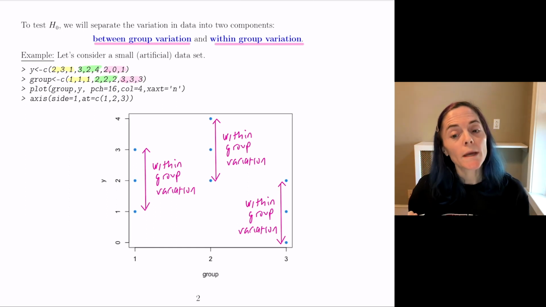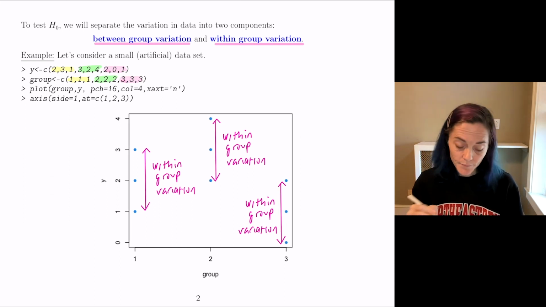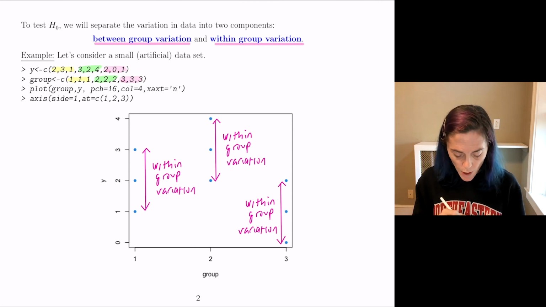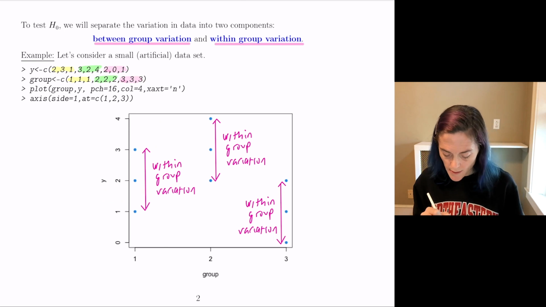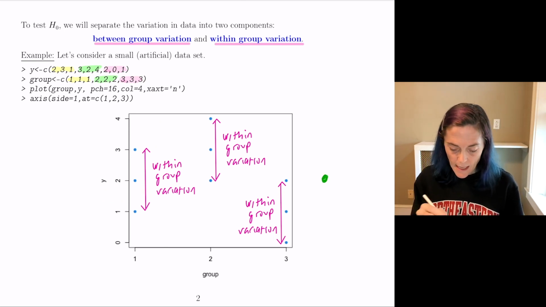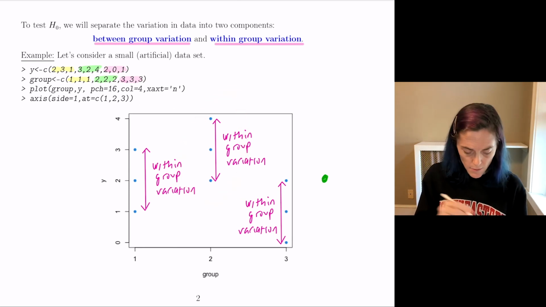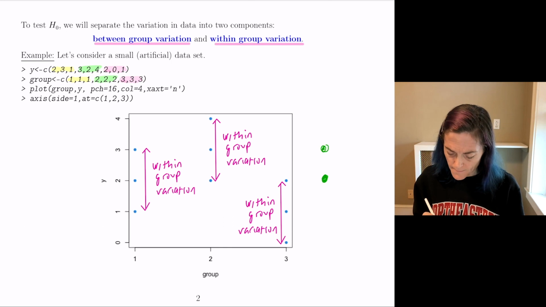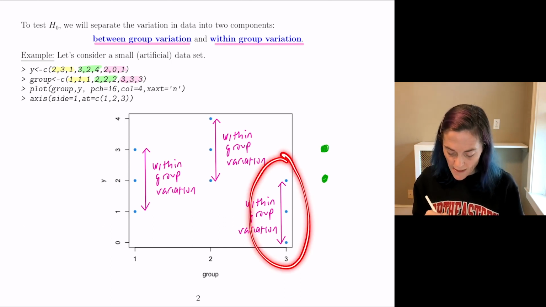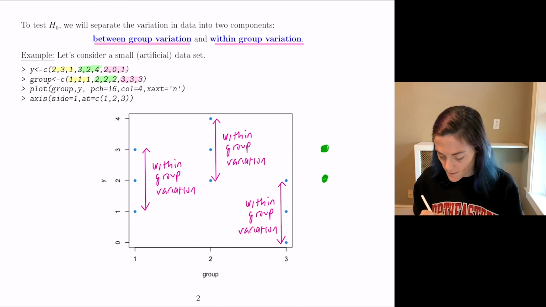What would be the between group variation? If you look at group 1, the sample mean is 2, so I can plot this over here. If you look at group 2, the sample mean is 3. And if you look at group 3, the sample mean is 1.